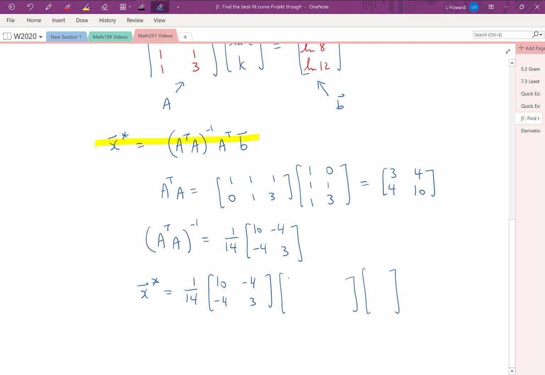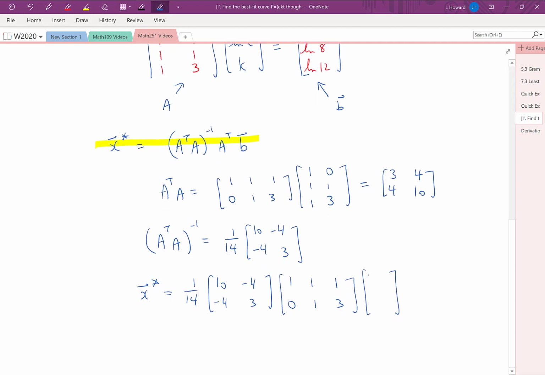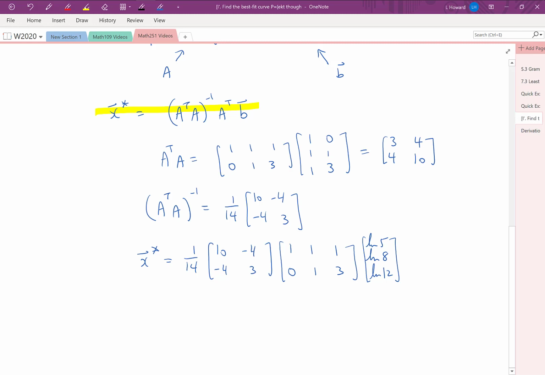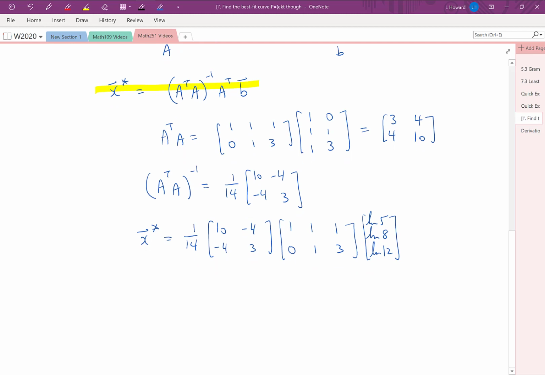All right, so A transpose has 1, 1, 1, 0, 1, 3 in its rows, and then our matrix B were the constants from the right side of our system. So the ln 5, ln 8, and ln 12. Great, so we'll do a little bit of algebra here. We'll do some matrix multiplication, and we will work out our X star, our least squares solution vector. I would say, just to avoid writing down a ton of lns in this calculation, it might be good to multiply these two matrices together first.